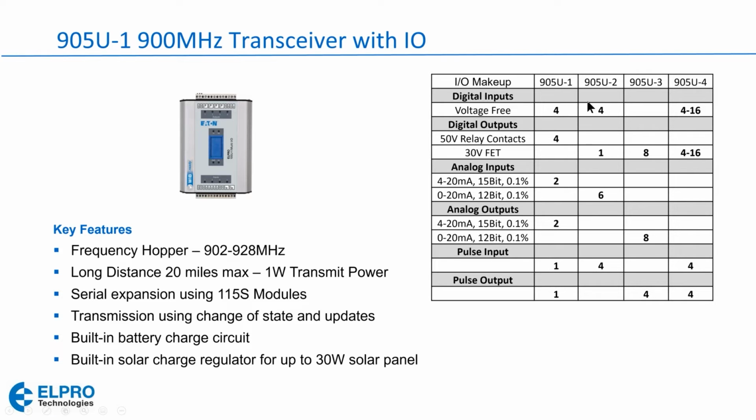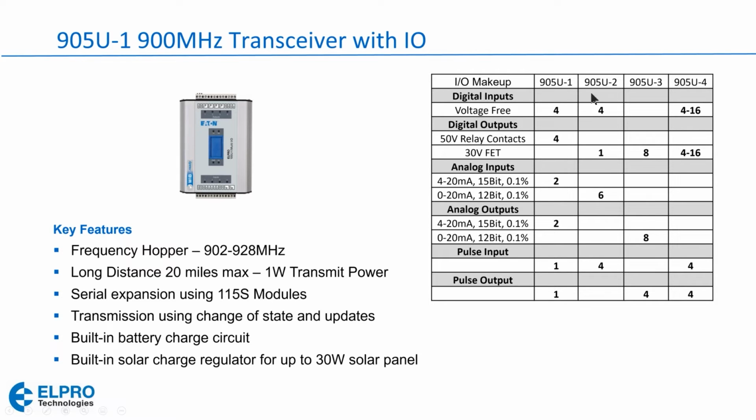It has a variety of inputs that you can see right here. Just in a nutshell, the 905U-1 has all the capabilities listed in this column right here. And to quickly summarize, it's got 2 analog inputs, 2 analog outputs. It's got 4 digital inputs and then 4 relay outputs, all built into this device right here.